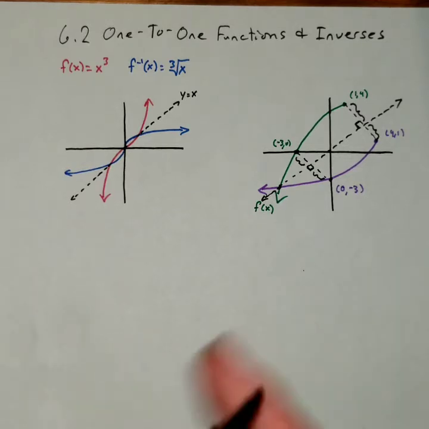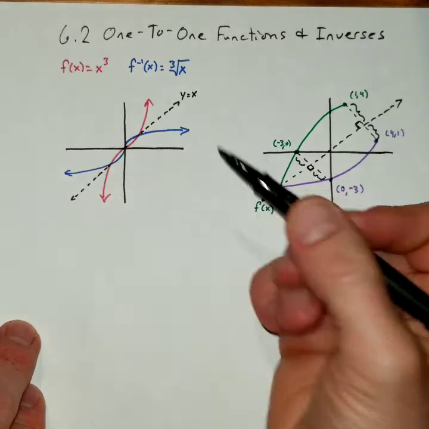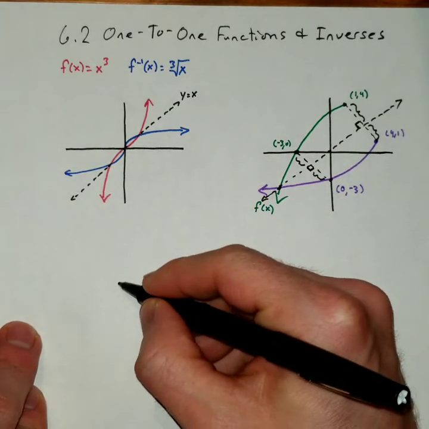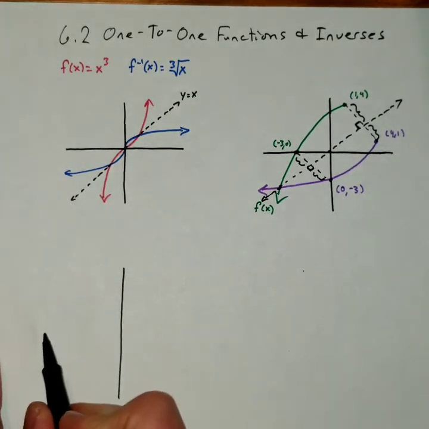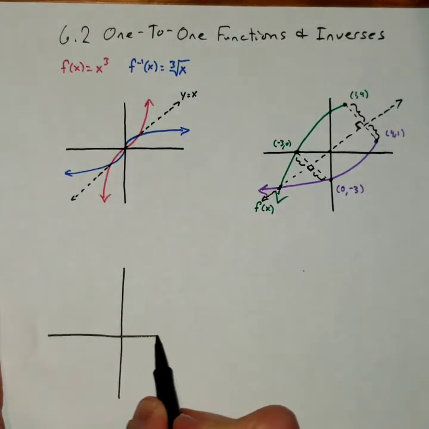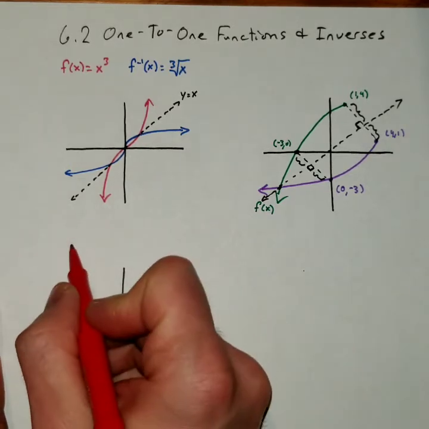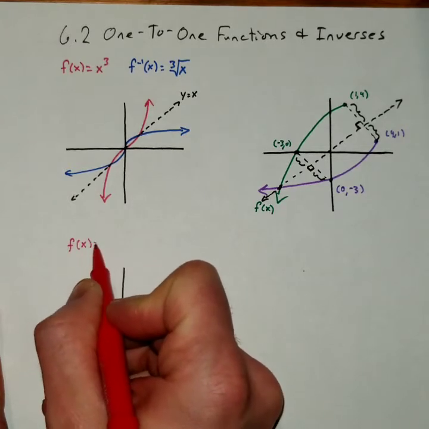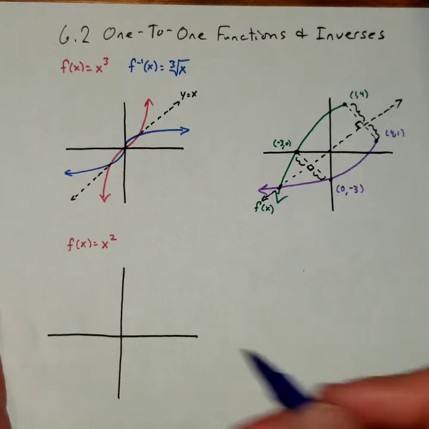Alright, so now there's another one. If x cubed and the cube root are inverses, then it would make sense, at least at first glance, to say that the x squared and the square root functions are inverses.